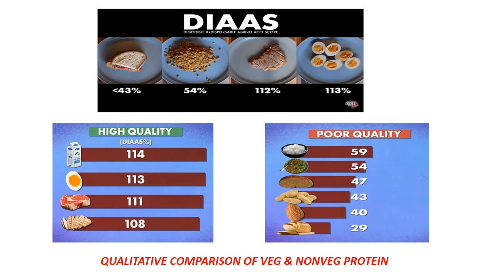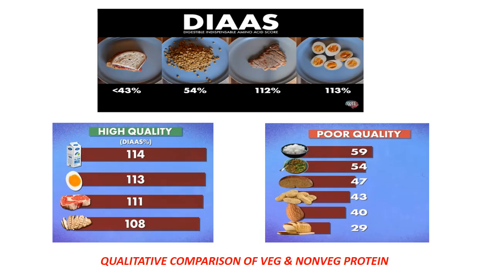Plant origin foods have protein but are low in certain amino acids, so the balance of essential amino acids is poor, whereas proteins of animal origin have a better balance of all the essential amino acids. So what is an essential amino acid? Those amino acids which the body cannot prepare, so they have to be supplied from outside through food, and they are very much required for protein synthesis, so they are called essential amino acids.